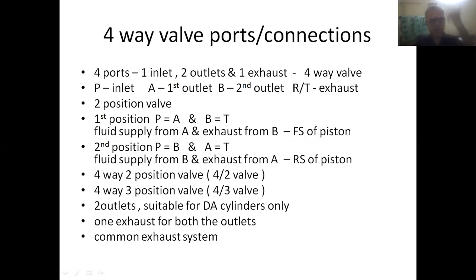They are suitable for double-acting cylinders. And here, in the case of a four-way valve, only one exhaust is used for both the outlets. So therefore, it is called a common exhaust system. So friends, this is about the construction and working of a four-way DC valve.